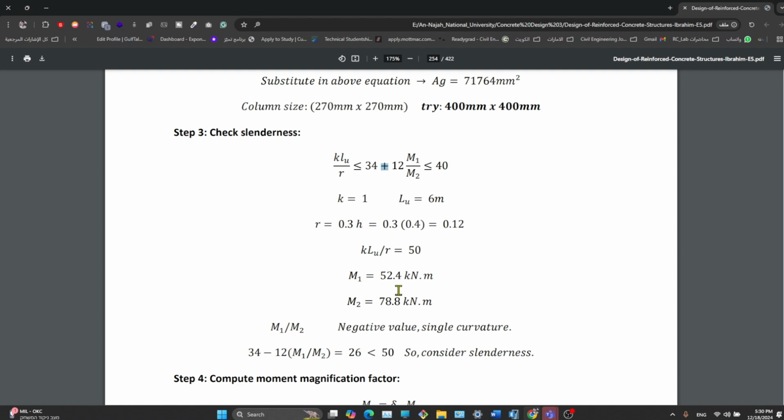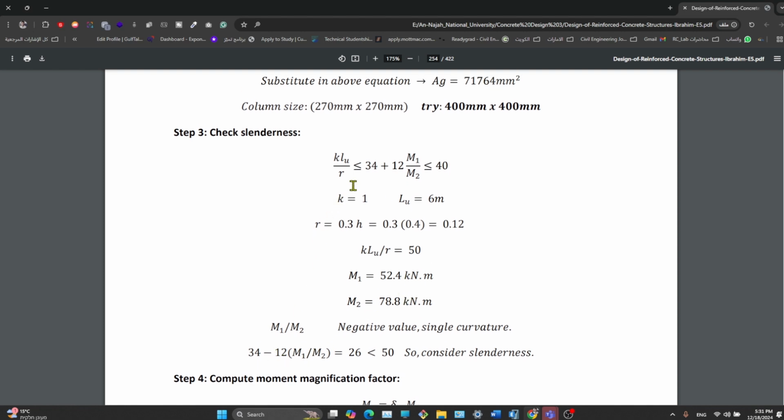And if we have bracing in the middle, then we will have a double curvature, then we need to make it plus sign. Is that clear? So if it is a single curvature, it's negative. In the normal cases, we don't have bracing in the middle, so we need to make it minus. But if it is braced in the middle, the type of curvature will be double curvature, so make it plus.